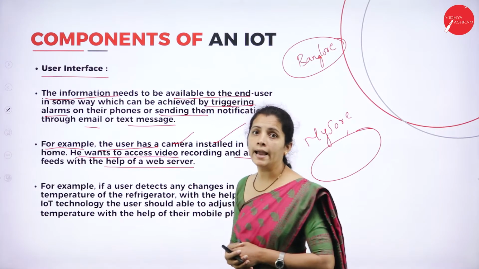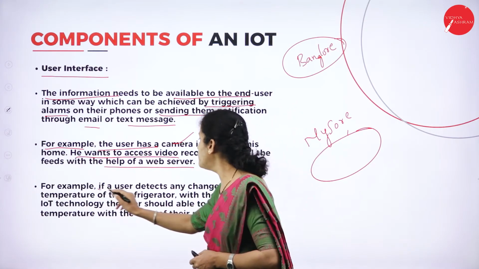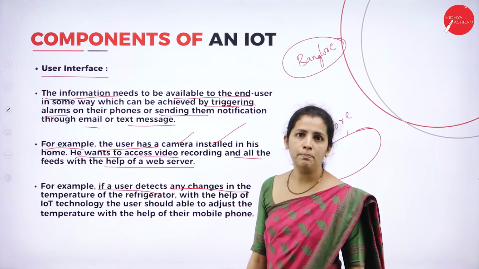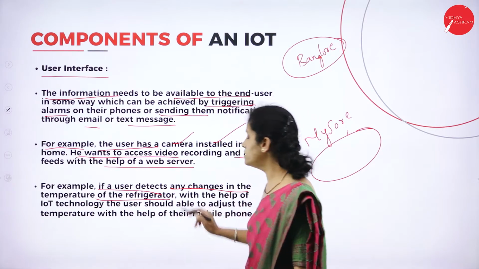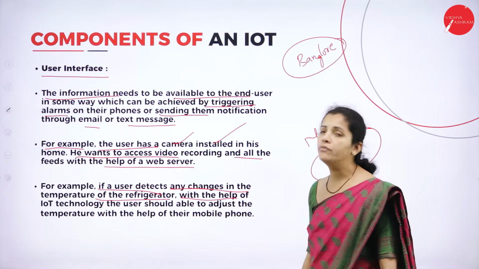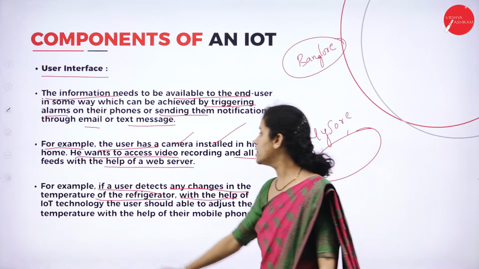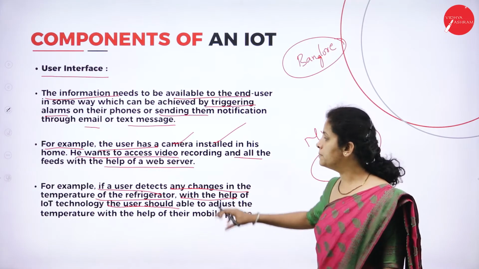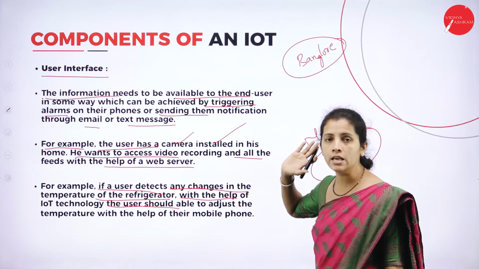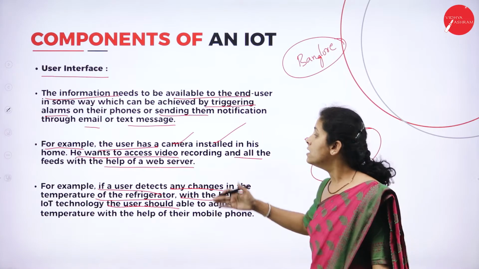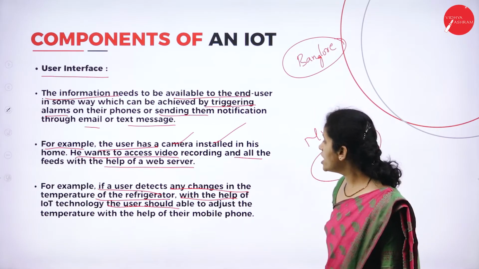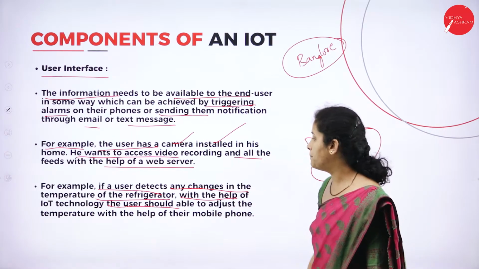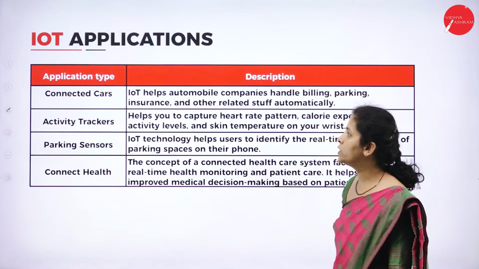Even I can consider another example: if a user detects any change in the temperature of the refrigerator, with the help of IoT technology, the user should be able to adjust the temperature. That means if there is any change in the temperature, the user can change or adjust the refrigerator temperature with the help of IoT.